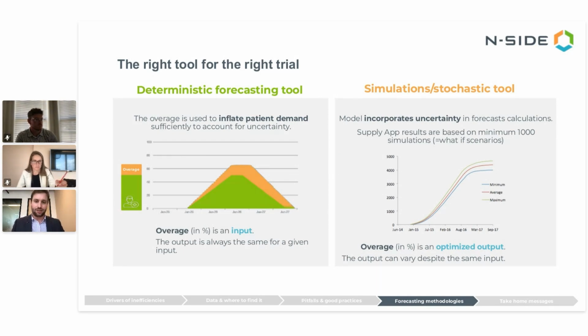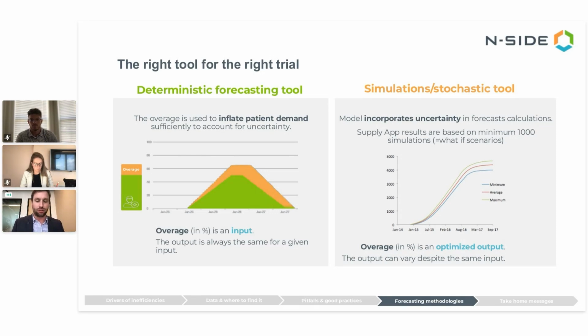On the right, you have a stochastic tool, so based on a more complex mathematical model and some simulation. The idea of the simulation is to test a big number of what-if scenarios. Typically, what happens if my recruitment is a little bit delayed? What happens if I have more or fewer patients who drop out of my treatment?